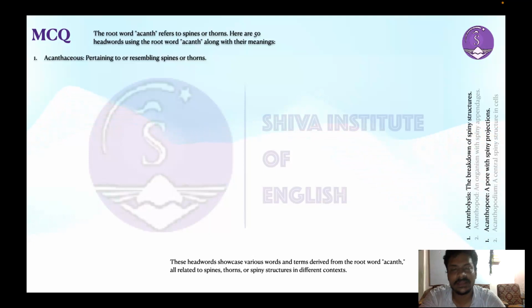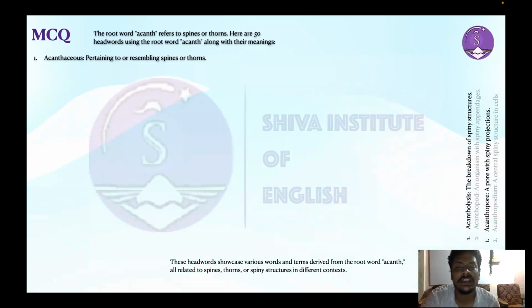So let's start that. We have one word known as the root word acanth, acanth, acanth, that refers to spines or thorns. Here you would find 50 head words using the root word acanth along with their meanings. The first one given here is acanthus, right?